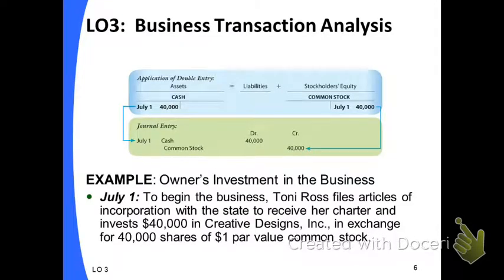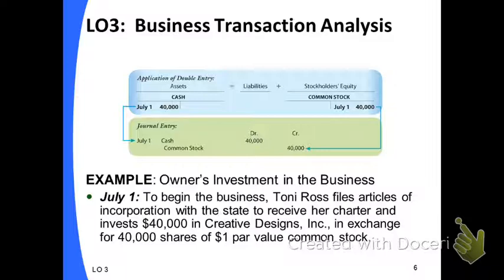Let's first look at a transaction in which the owner invests in his or her business. On July 1st, to begin the business, Tony Rossi files articles of incorporation, receives a charter from her state, and invests $40,000 in her company, Creative Designs, in exchange for 40,000 shares of $1 par value common stock. As the owner, she invests in that business, and this cash investment results in an increase in cash and an increase in the common stockholders' equity.